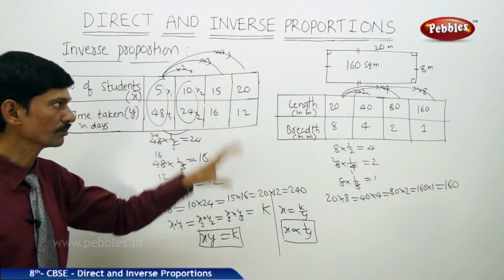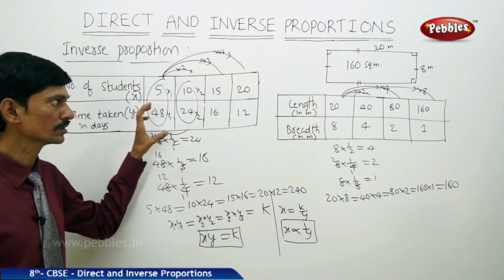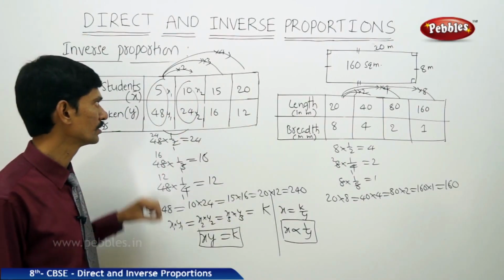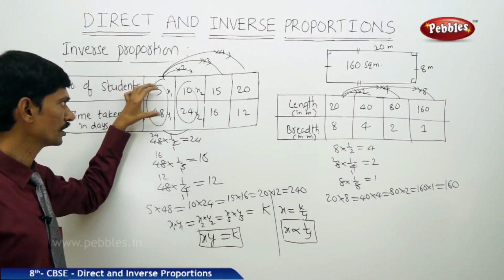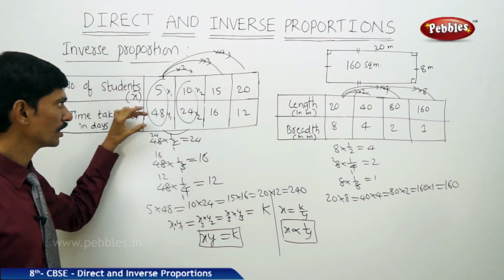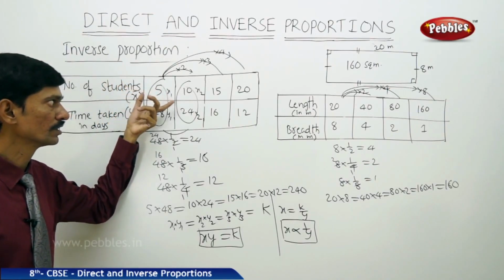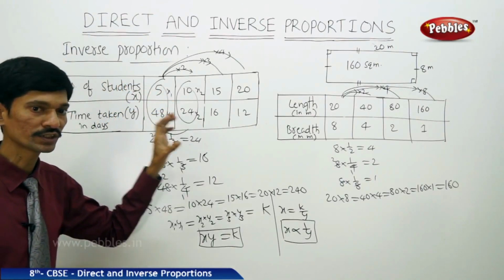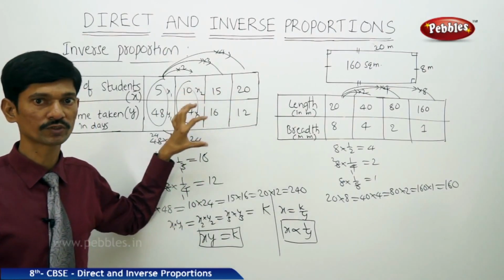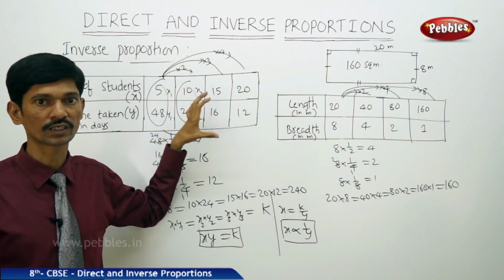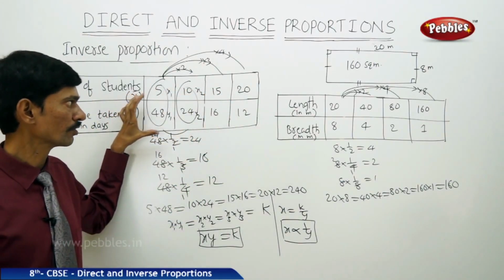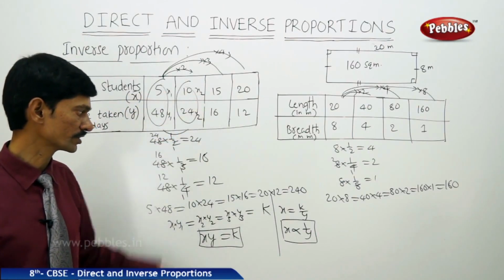So in these two examples, the two quantities are in inverse proportion, because if one quantity increases, the other quantity decreases, and if one quantity decreases, the other quantity increases in such a way that the product of those two quantities remains a constant.